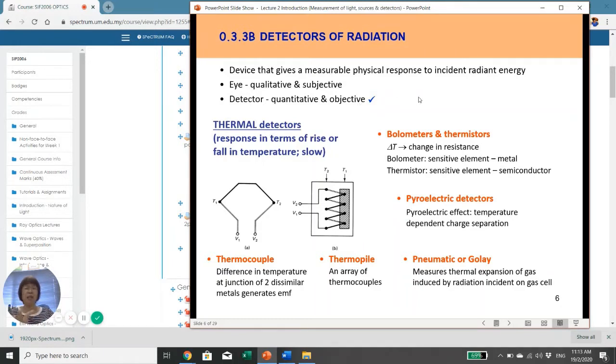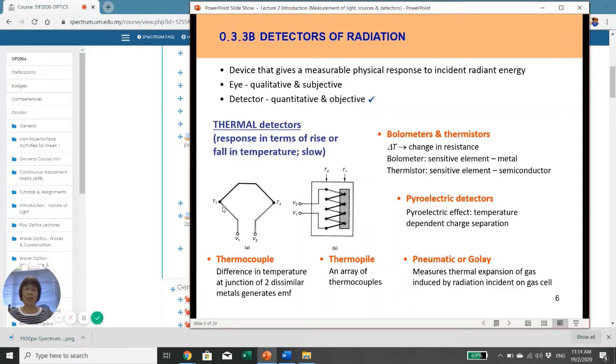So we can divide these into two groups, the first being thermal detectors. They respond to change in temperature. But this type of detector is slow in its response because it has to be measured in terms of change in temperature. Some examples are the thermocouple, where we have different materials and two junctions.